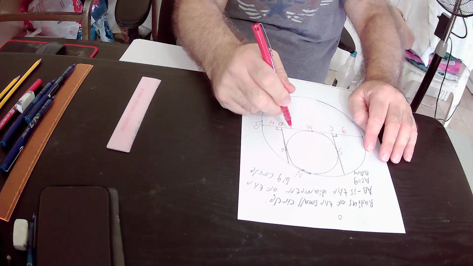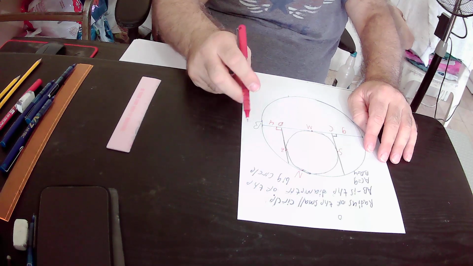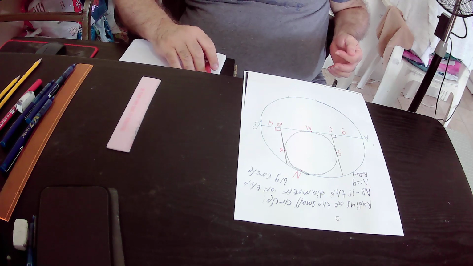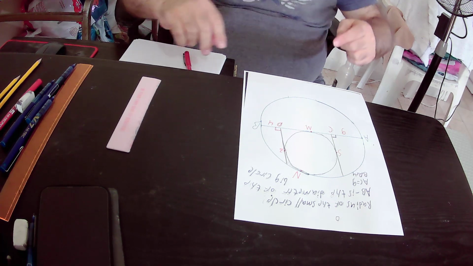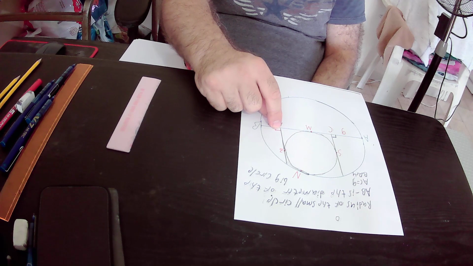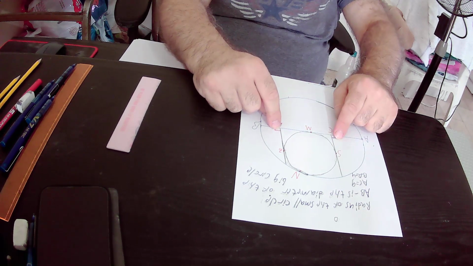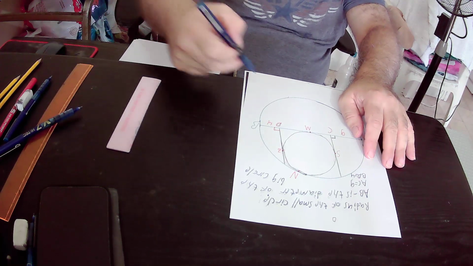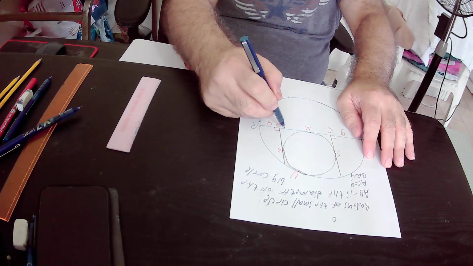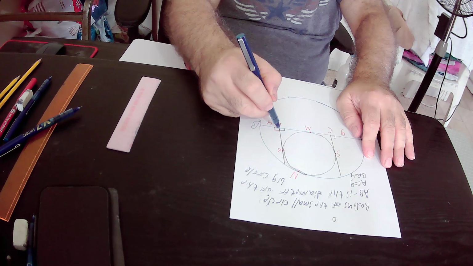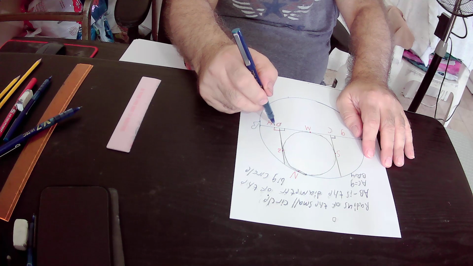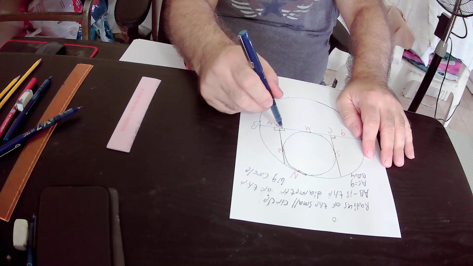Okay, so we also know that this is a right angle and this is also a right angle, so actually this angle is also a right angle, because along a straight line the sum of the angles is equal to 180 degrees.